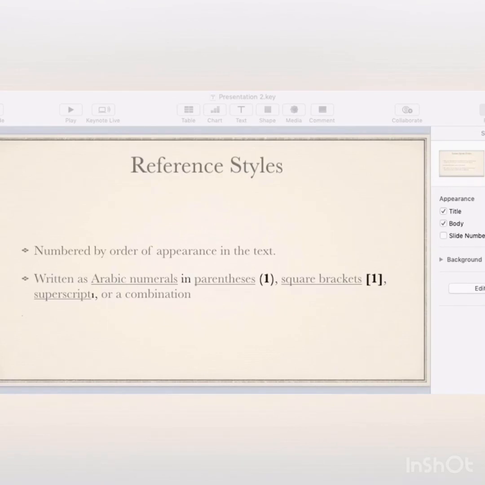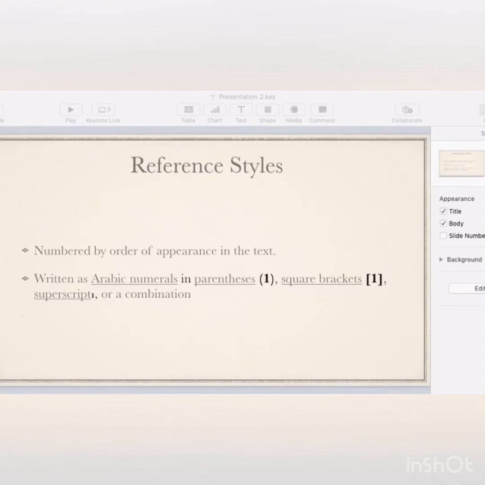Now these may appear in the introduction, sometimes in the methodology, not in the results, but they will be present in the discussion.